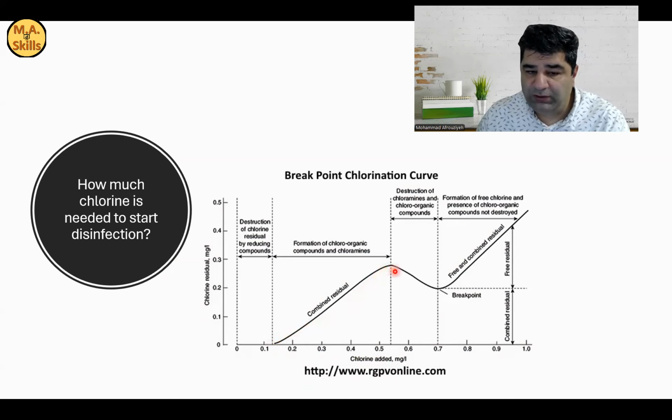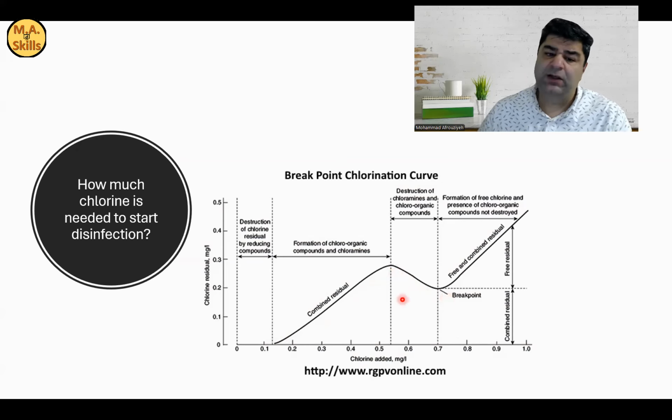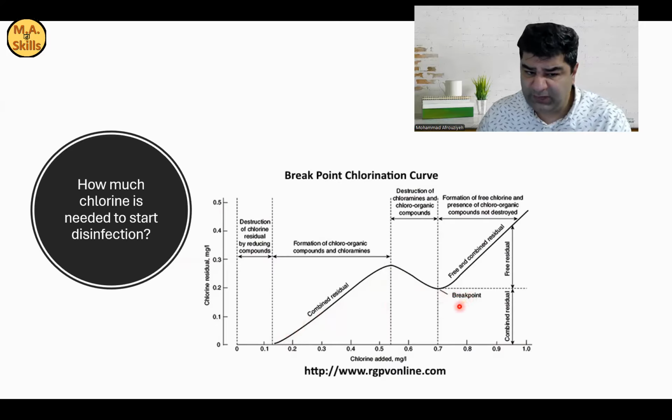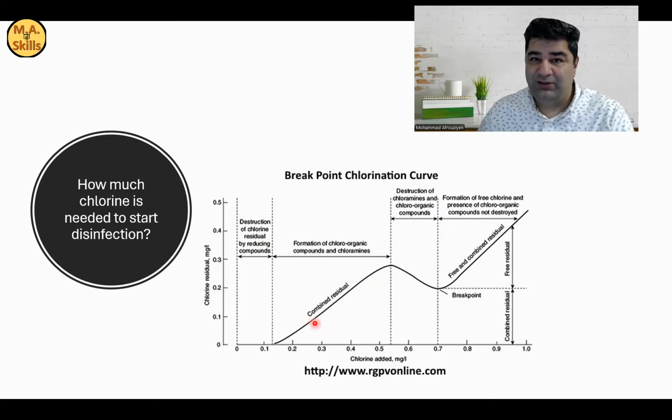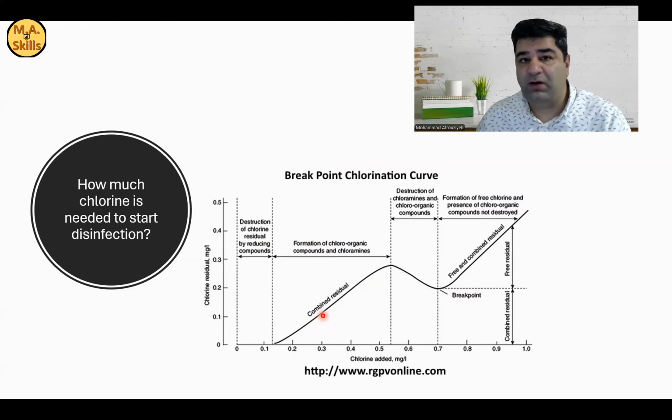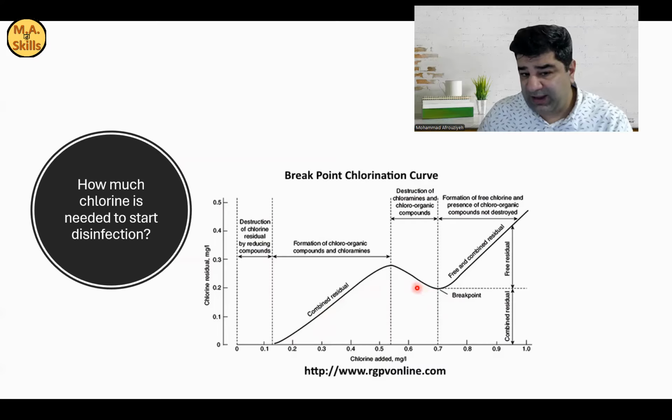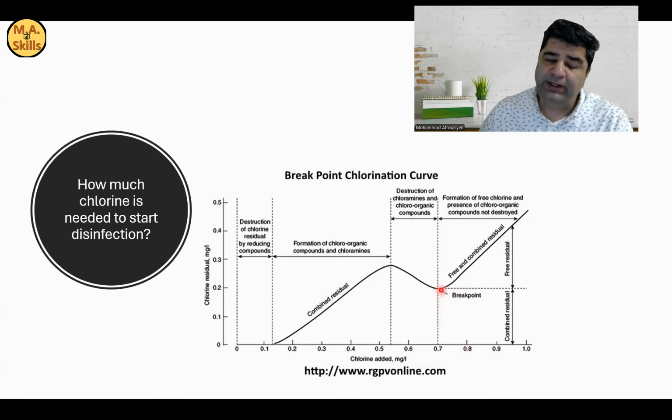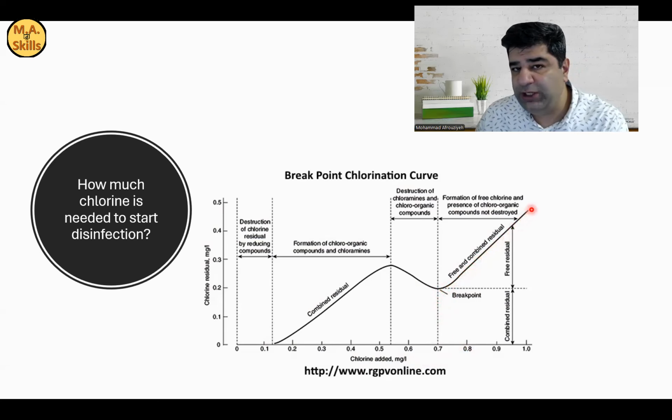But after a point, we can see a decline in the chlorine residuals, because so far whatever chlorine we have added is combined with junks, which we don't like because it's a waste of chlorine. But after the reduction of residuals at the breakpoint, we can see again as we are adding more chlorine, the chlorine residuals concentration is going up.